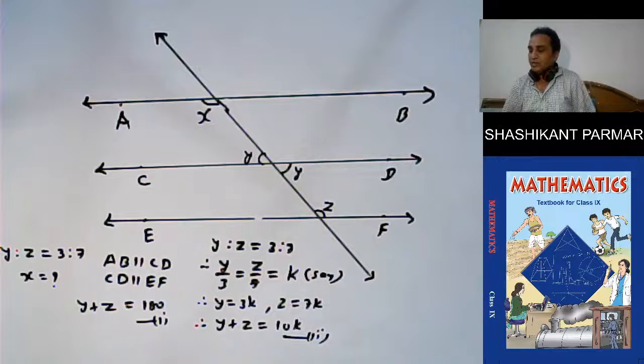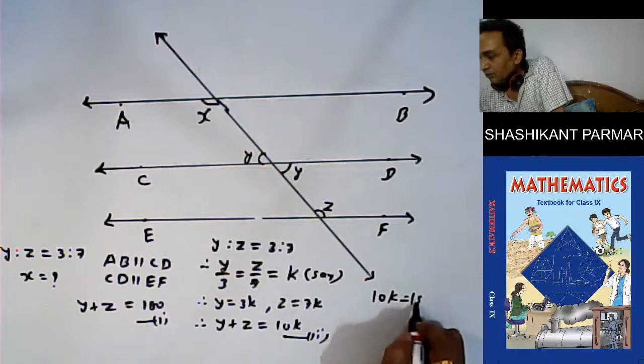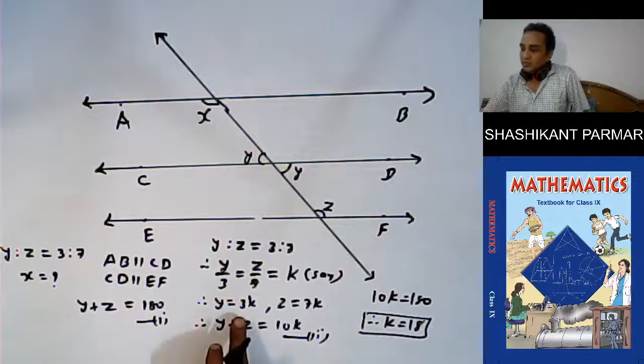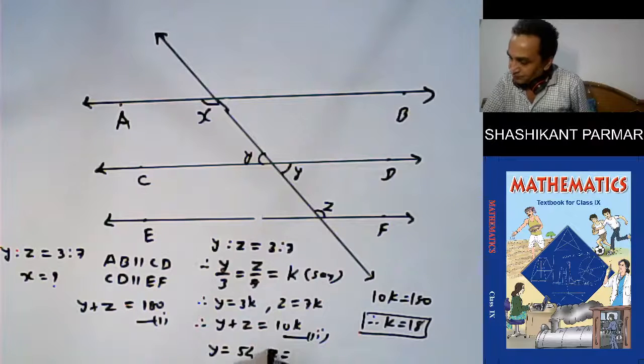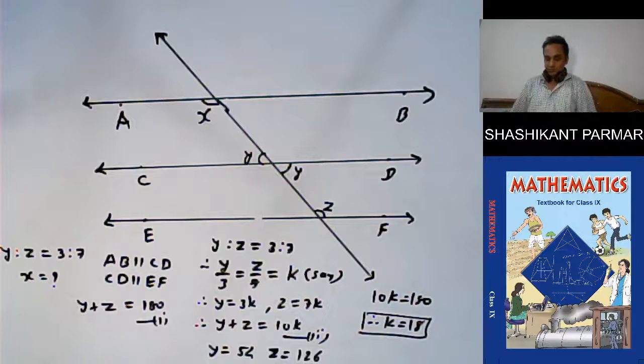From first and second, you can compare that 10K is equal to 180, therefore K is equal to 18. Put the value of K here, therefore Y is equal to 54 and Z is equal to 126.